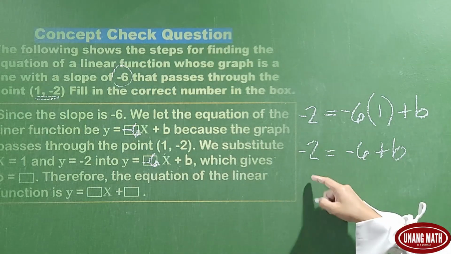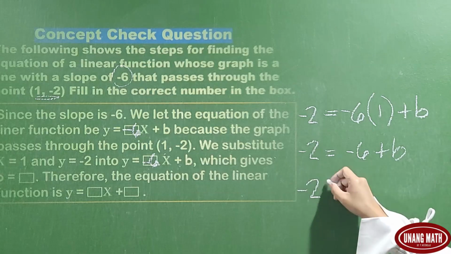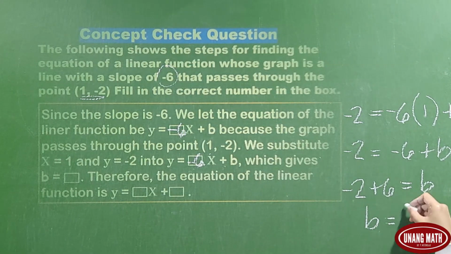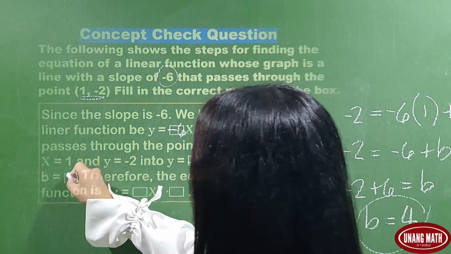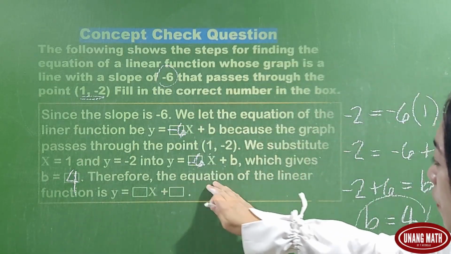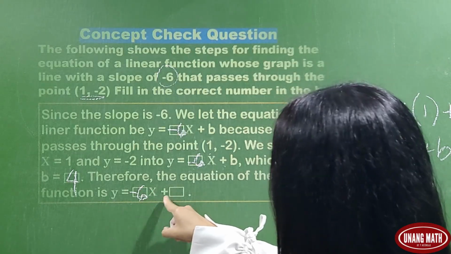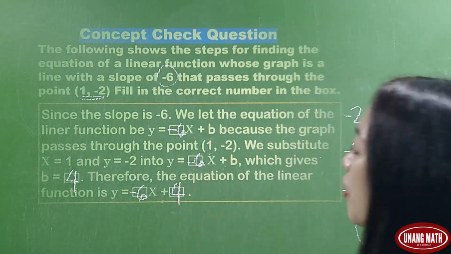Okay, to find b, this is now negative 2 plus 6 equals b. So it means b is positive 4. So our y-intercept is positive 4. Therefore, the equation of the linear function is y equals negative 6x plus 4.